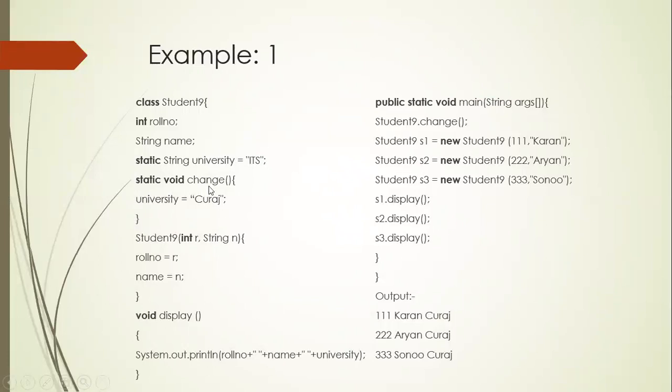Why am I calling it a static function? Because it is prefixed with the static keyword. Function and method I'm using interchangeably. This method is used for changing the value of this particular static variable. I'm also using one constructor to pass the values and one display function.